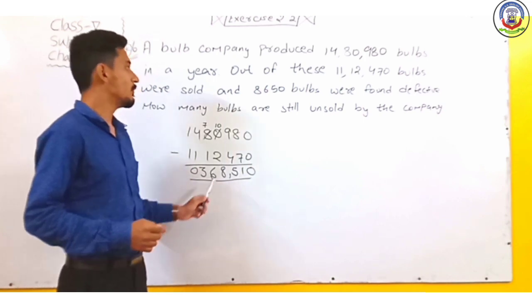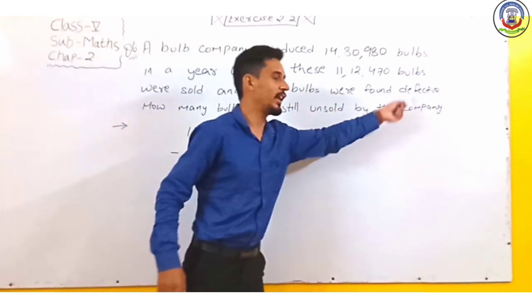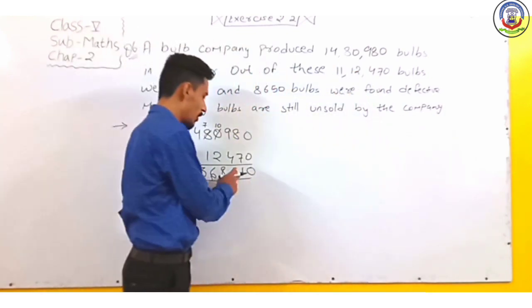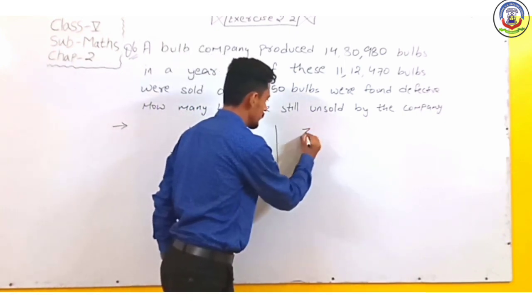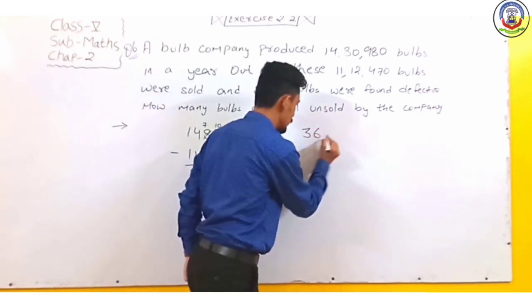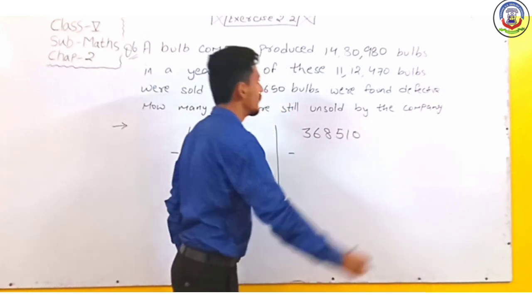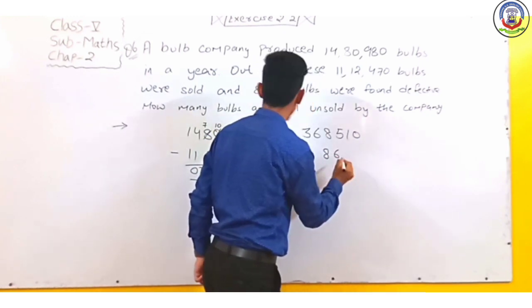After that we found 8,650 bulbs defective. So we have to subtract this also from this. So we write first this 3,68,510 subtract how much? 8,650.